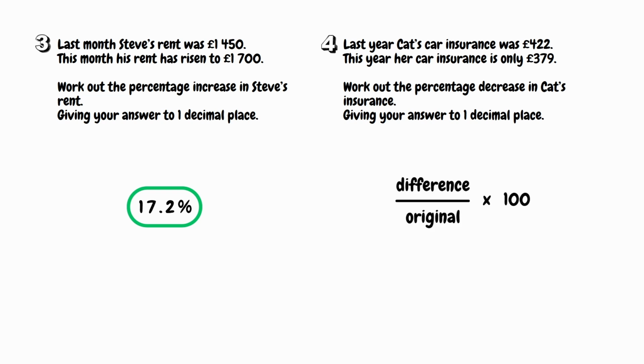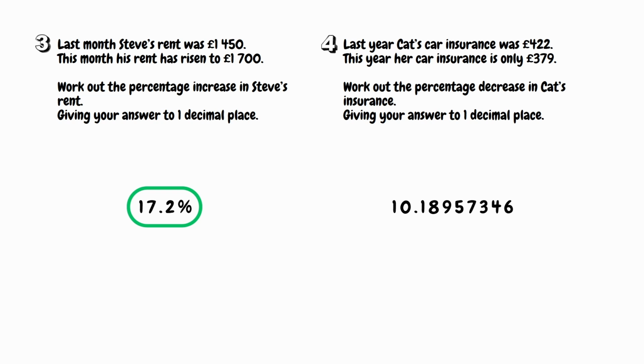So we want to do the difference, which again is the larger number take away the smaller number. So we're going to do 422 take away the 379. And then we're going to divide that by the original. So she was originally paying £422 for her car insurance. And then once we've done that, we times it by 100. So putting this into our calculator gives us this number here.